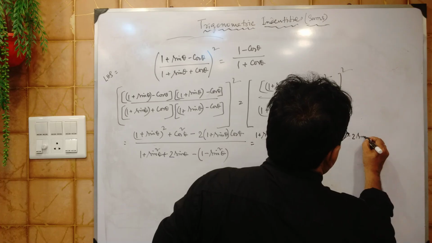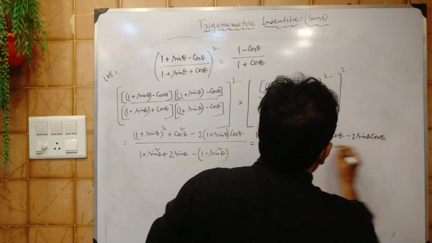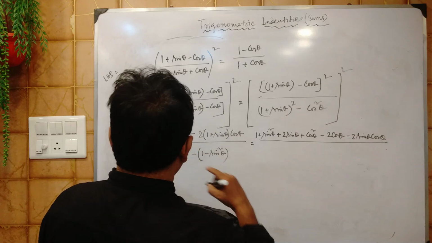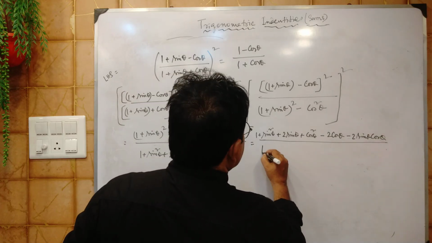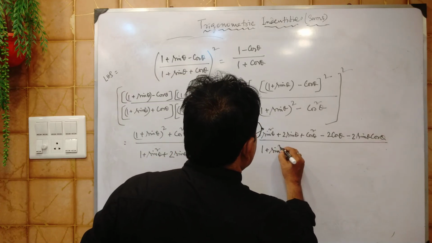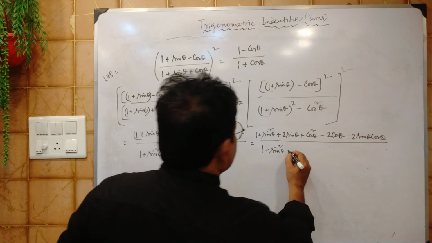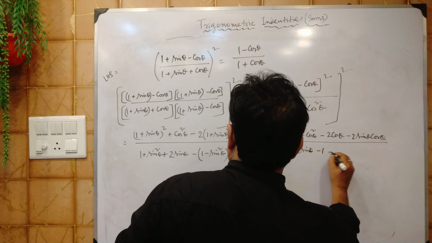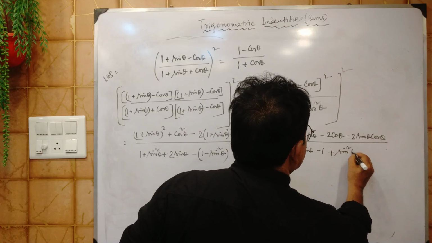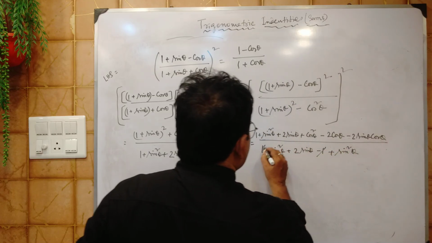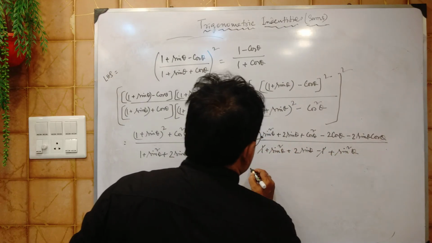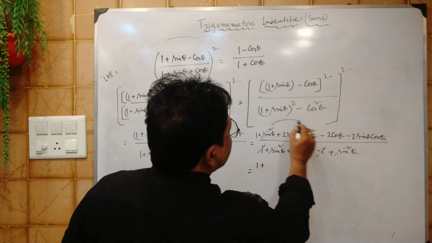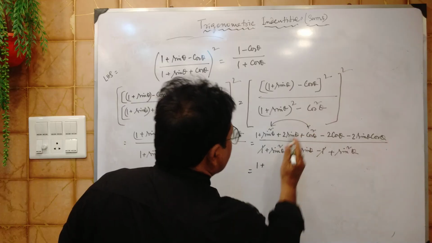Denominator: 1 plus sin square theta plus 2 sin theta minus 1 plus sin square theta. Here minus 1 plus 1 cross out. You will get 1 plus sin square theta plus cos square theta equal to 1.